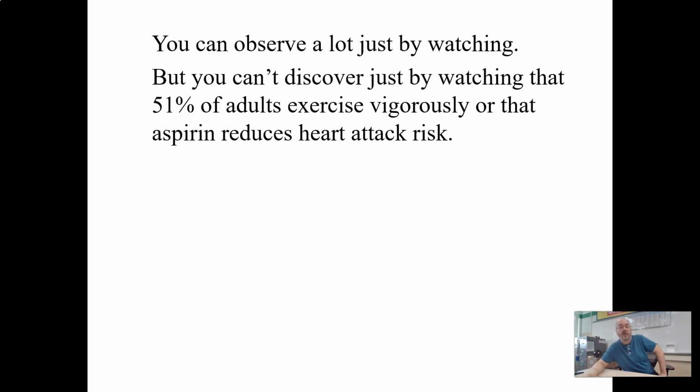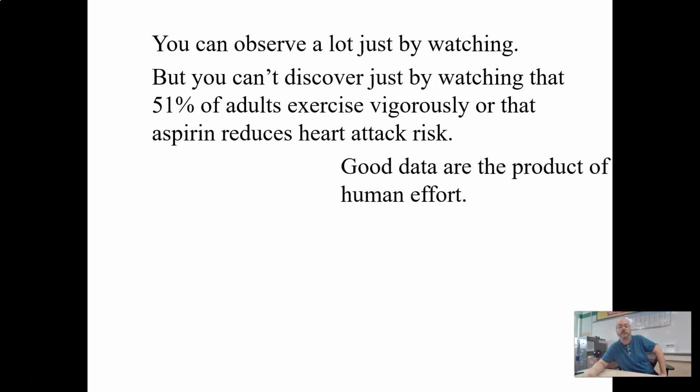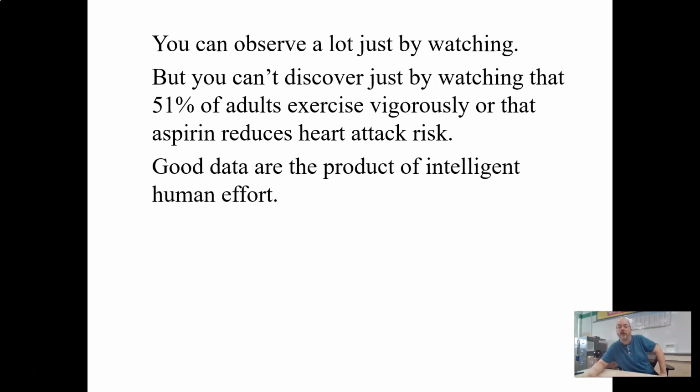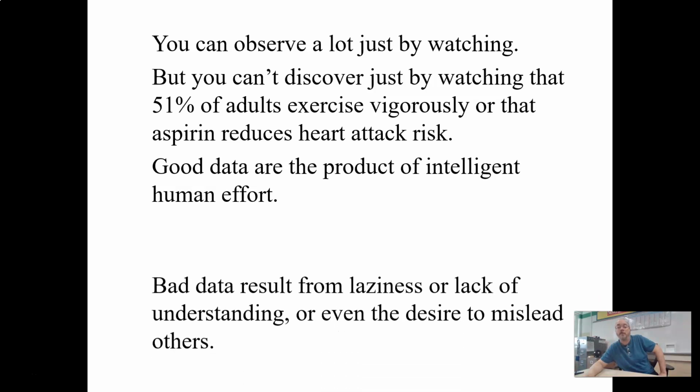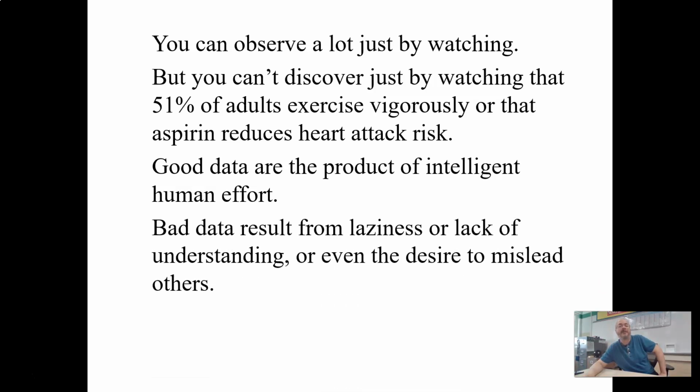But you can't discover just by watching that 51% of adults exercise vigorously or that aspirin reduces heart attack risks. Good data are the product of intelligent human effort. Bad data result from laziness or lack of understanding, or even the desire to mislead others.